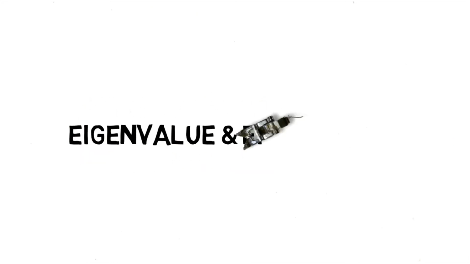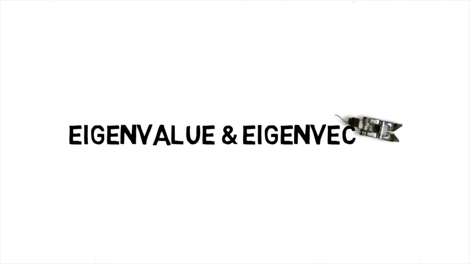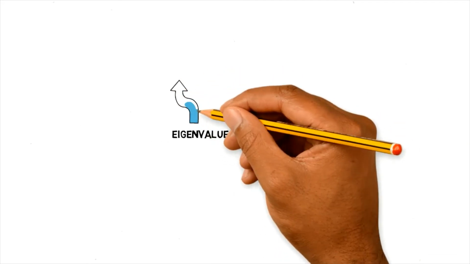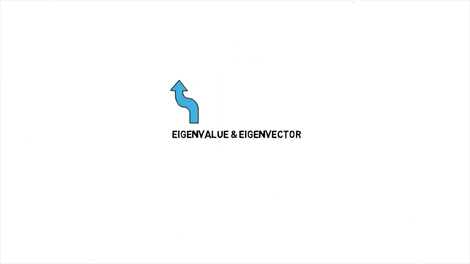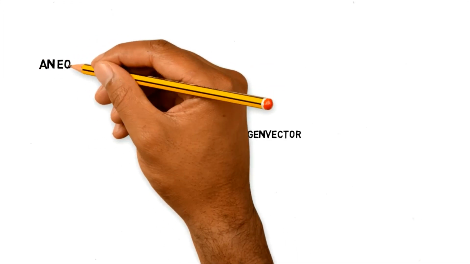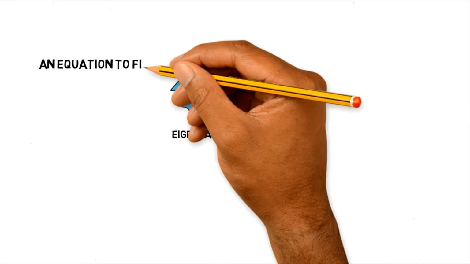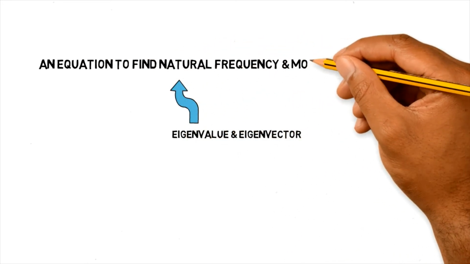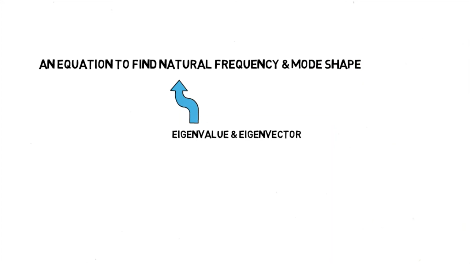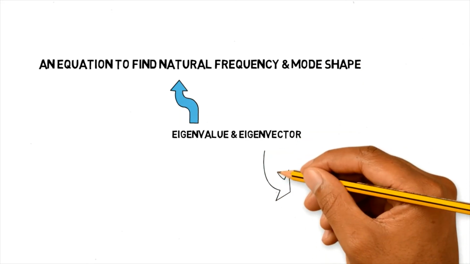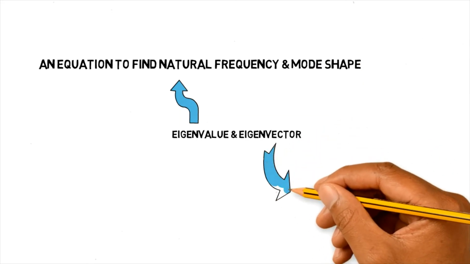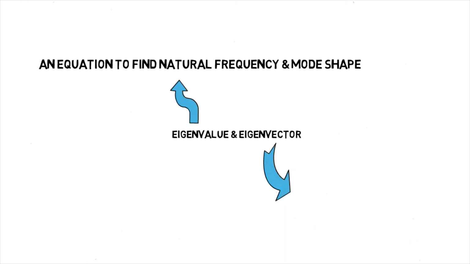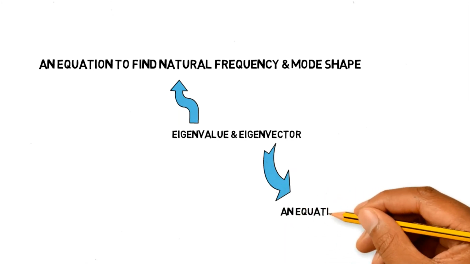Next, we move to eigenvalue and eigenvector. Eigenvalue is a method to obtain natural frequency and mode shape, while eigenvector is the solution to find natural modes.